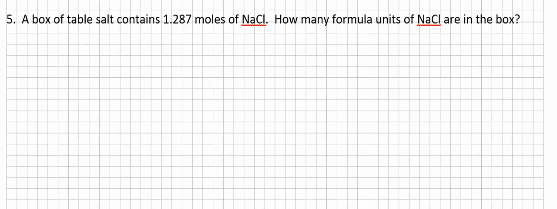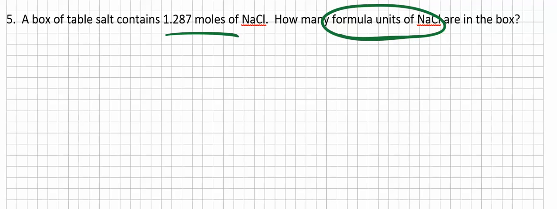So what I'm interested in here is what I'm looking for and what I'm being given. I've been told that there are this many moles of formula units. And I'm looking for the number of formula units in the box. So what I'm going to do is start with the number I've been given.